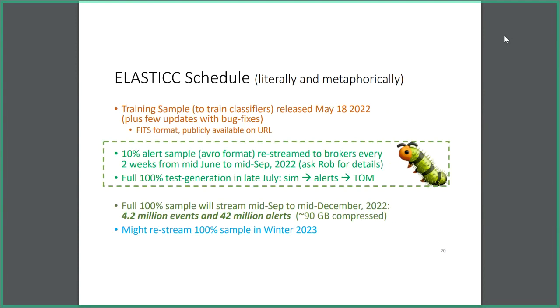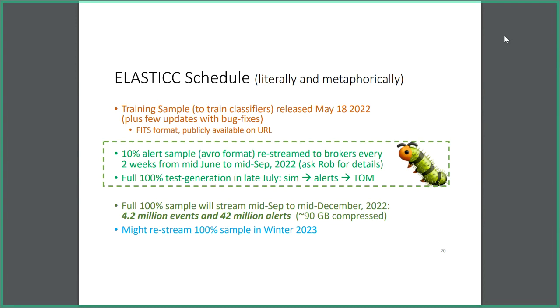Next slide. Okay, the schedule. So the training sample, which is really only to train classifiers, was released back in May, and there's been a few updates with bug fixes, so thank you everyone who noticed and reported those bugs. It's FITS format, it's publicly available, but it's there just to train classifiers.